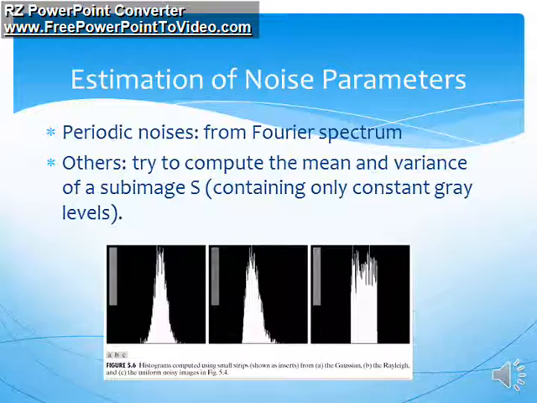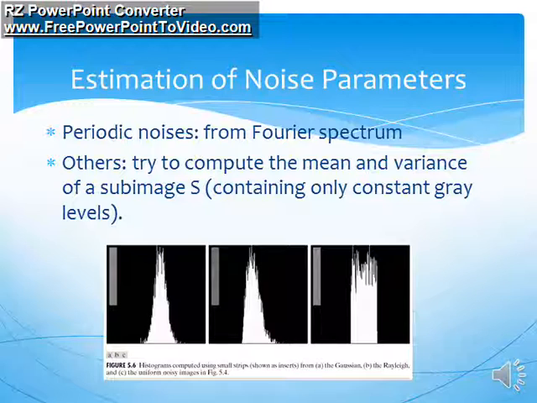estimated. Try to compute the mean and variance of a sub-image S containing only constant gray levels. Here 3 images have been given. The histograms are computed using small strips shown in the image.